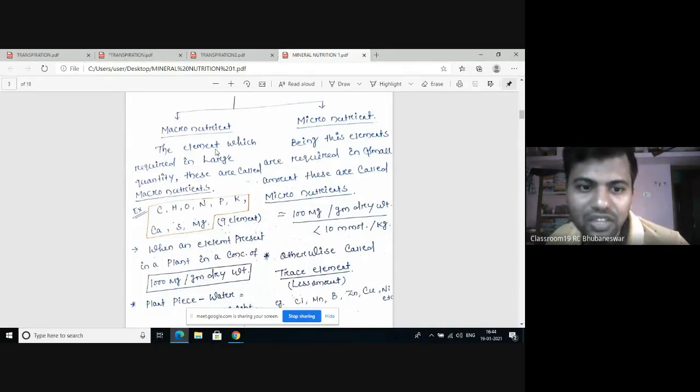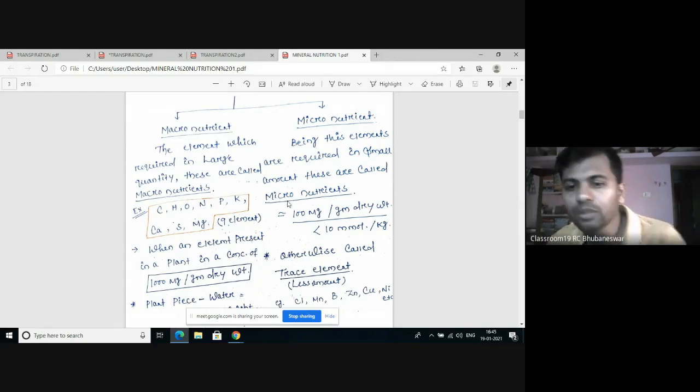Out of 16, 9 are macronutrients: C, H, O, N, P, K, calcium, sulfur, magnesium. Always remember that C, H, O are not minerals, because the plant gets carbon, hydrogen, and oxygen from the environment: carbon from carbon dioxide, hydrogen from water, and oxygen from the oxygen.